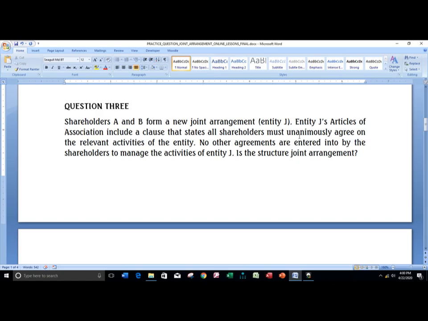They form a new arrangement. So the new arrangement, entity J, is separate. That makes it a joint venture. You agree? And because they must unanimously agree over relevant activities, it means that it's joint control, even before I get to what the question asks us to do.